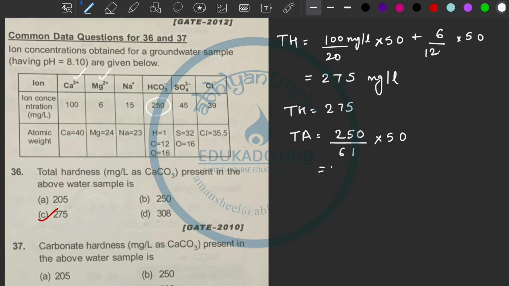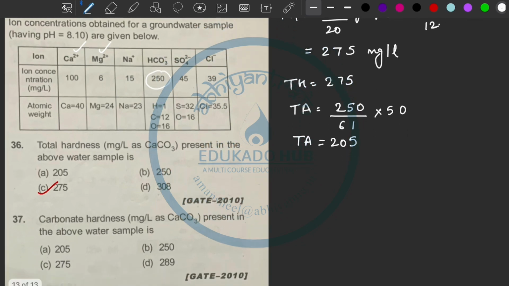This is 205. Carbonate hardness is the minimum of total hardness and total alkalinity, so it is 205. The answer will be 205.